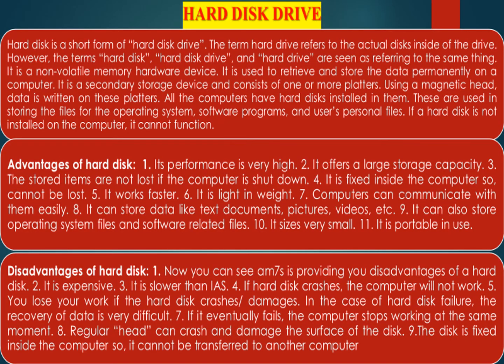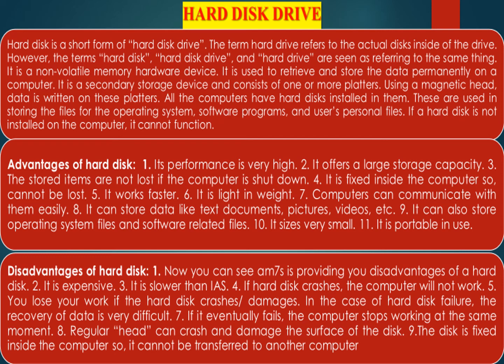Hard disk. Hard disk is a short form of hard disk drive. The term hard drive refers to the actual disk inside of the device. However, the terms hard disk drive and hard drive are seen as referring to the same thing.